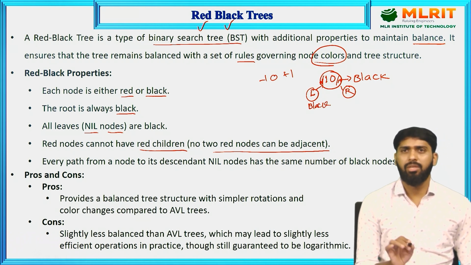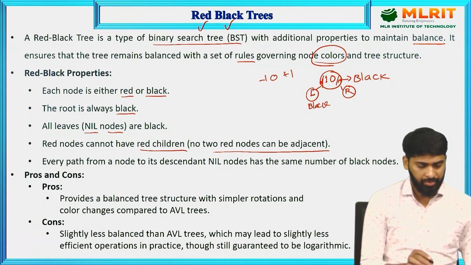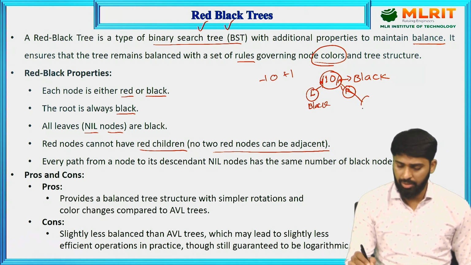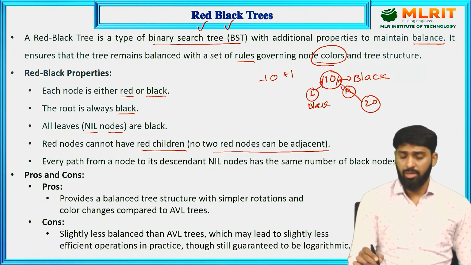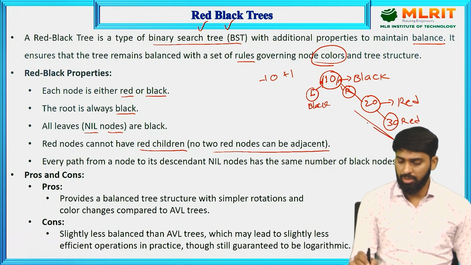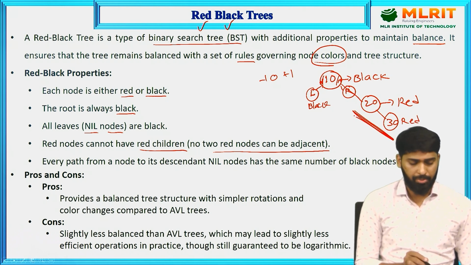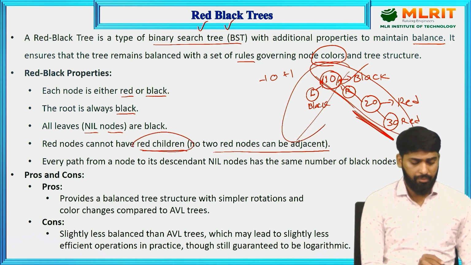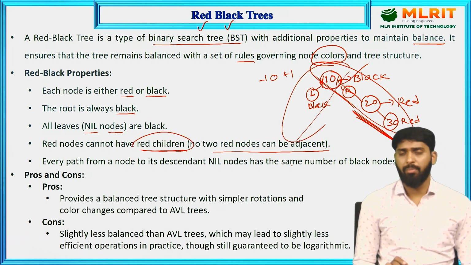Already we discussed in detail in our previous classes. Red nodes cannot have red children. For example, if I insert 20 here, so now 10 is black, 20 is red. Now if I insert 30, it is red, so the property is violated. What is the property? Red nodes cannot have red children. Now in every path from a node to its descendant nil nodes has the same number of black nodes.